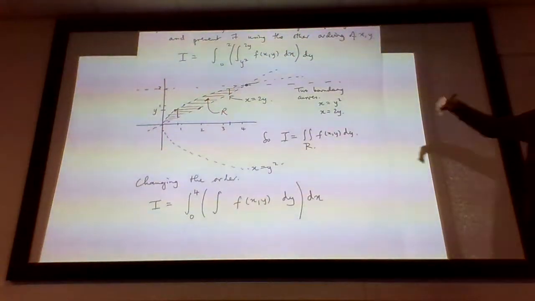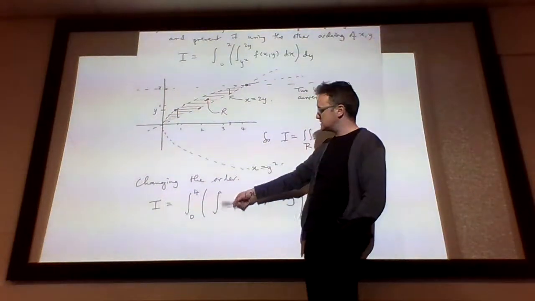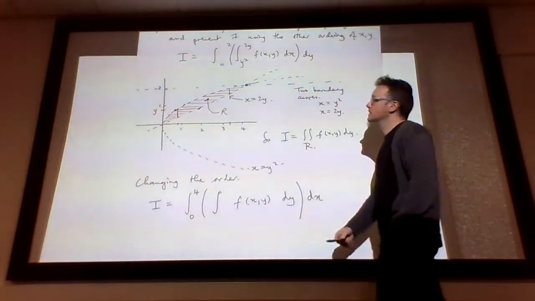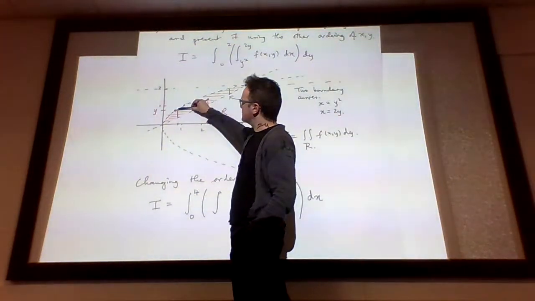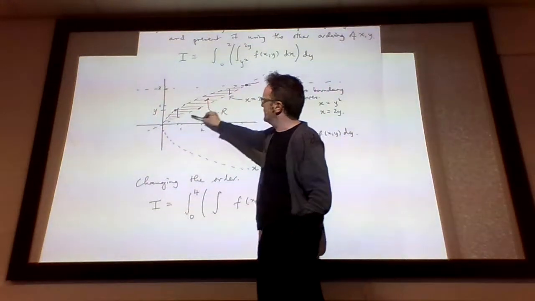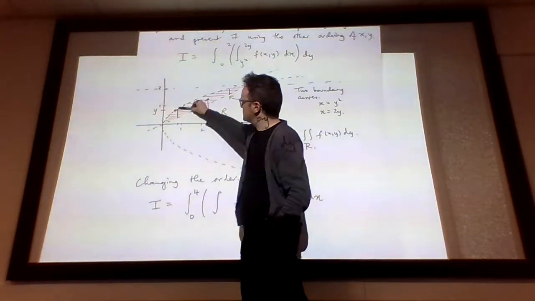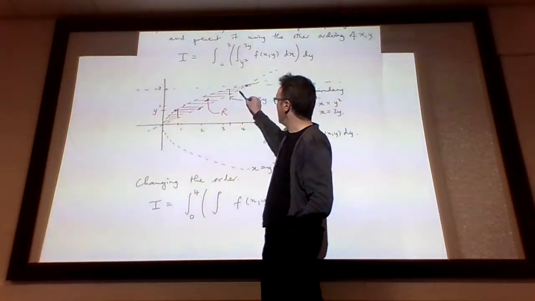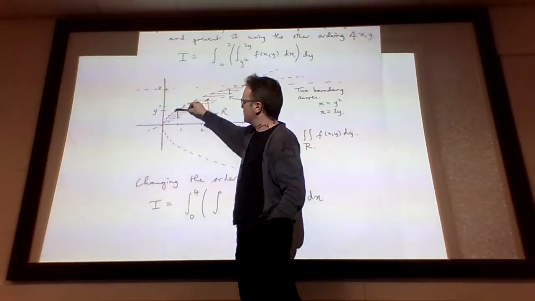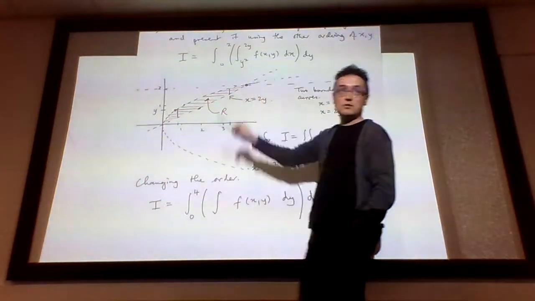So the beginning and ending limits of integration for the y variable depend on the value of x. But they're always the y values, beginning at the y value that lies against the point of intersection between this vertical strip and the straight line x equals 2y, and ending on the y value of the point of intersection with the curve x equals y squared.